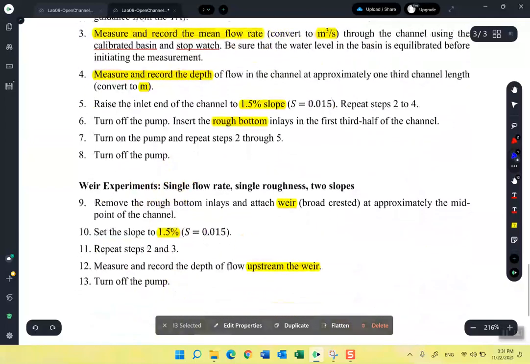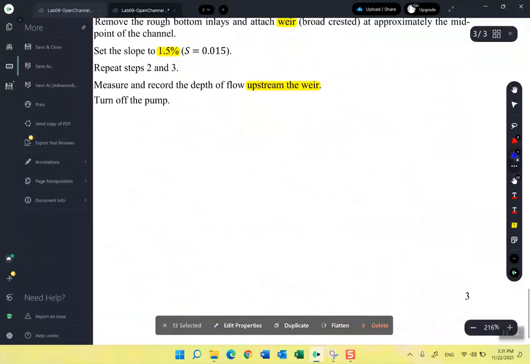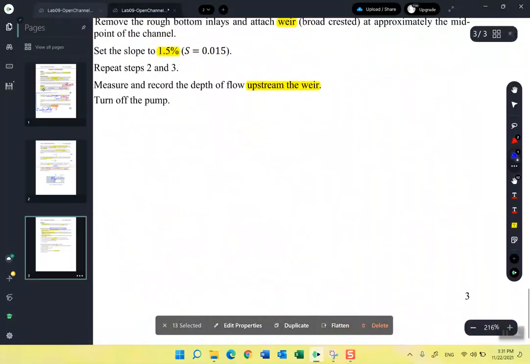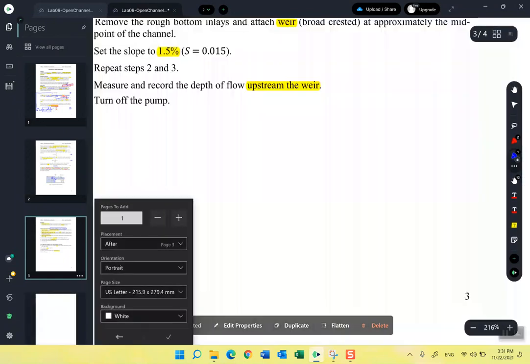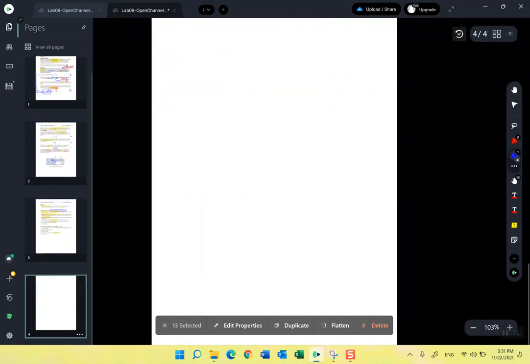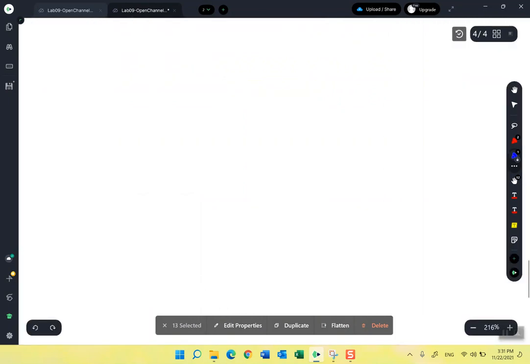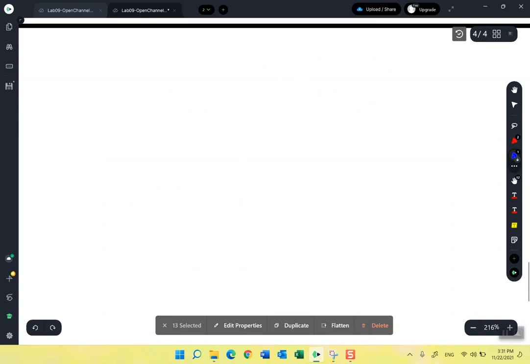To do that, let me first explain the components or the shape of the flume that we have here.